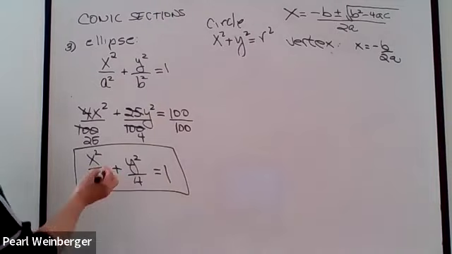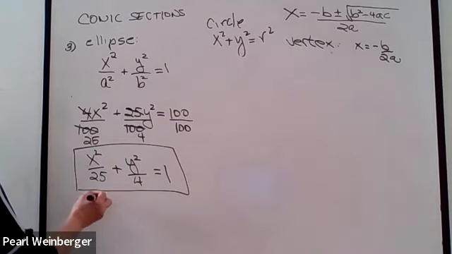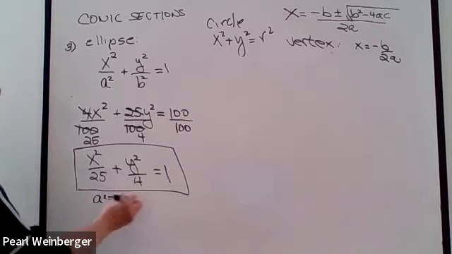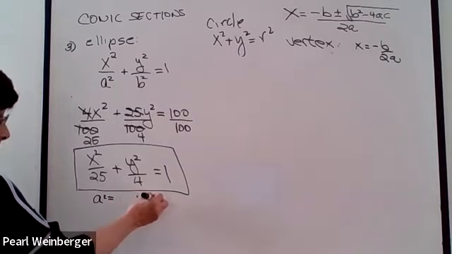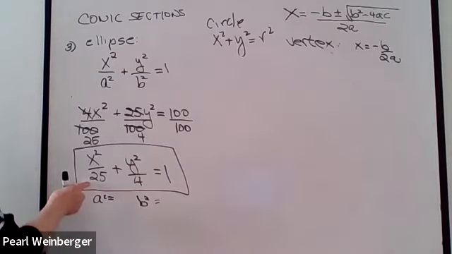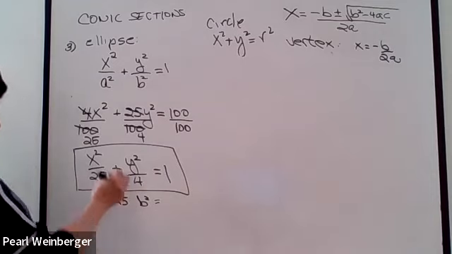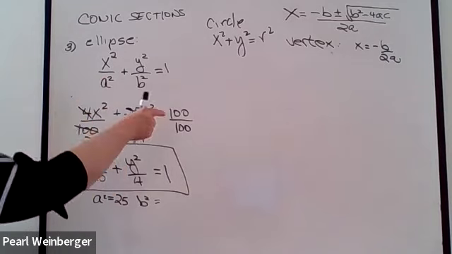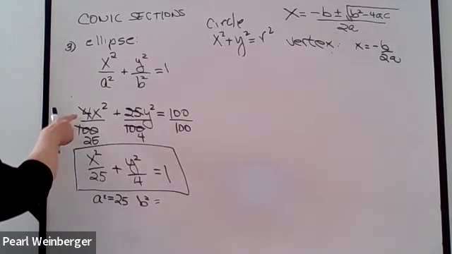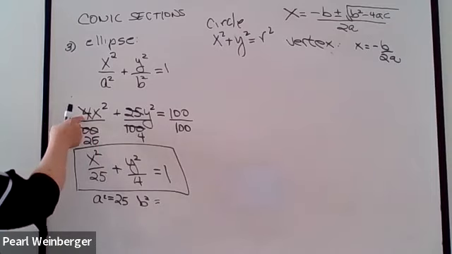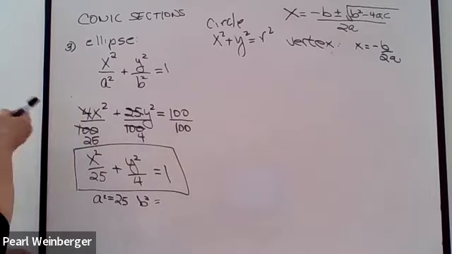And then I can figure out what my a squared and my b squared are. My a squared is the number that's underneath the x squared, which is 25. Don't make the mistake of looking at the original equation and saying, oh, the a squared has to be 4. This 4 over here is not the a squared because it's not underneath the x squared.